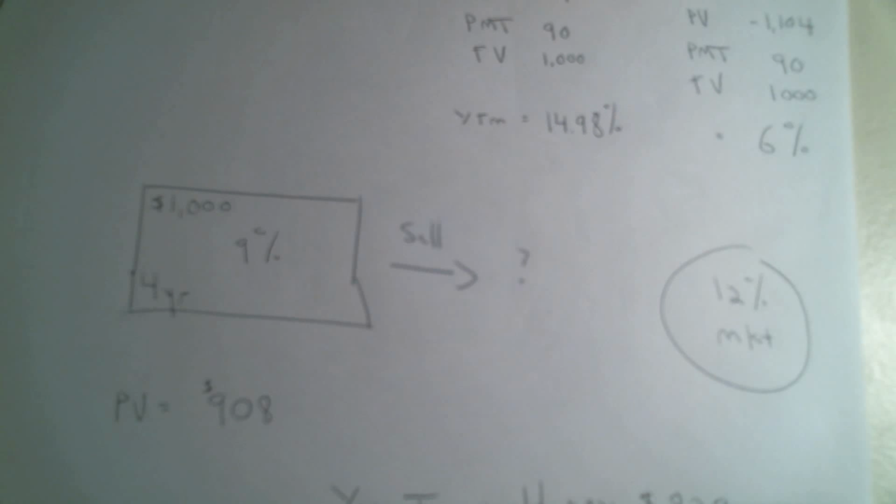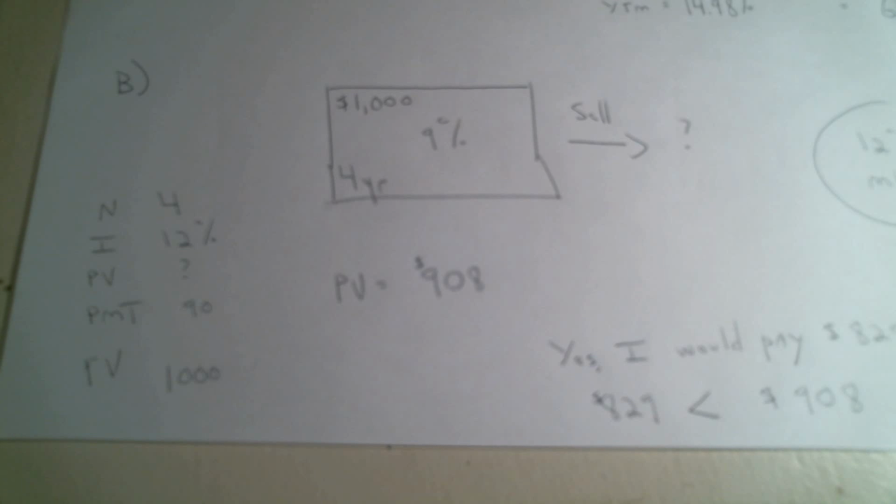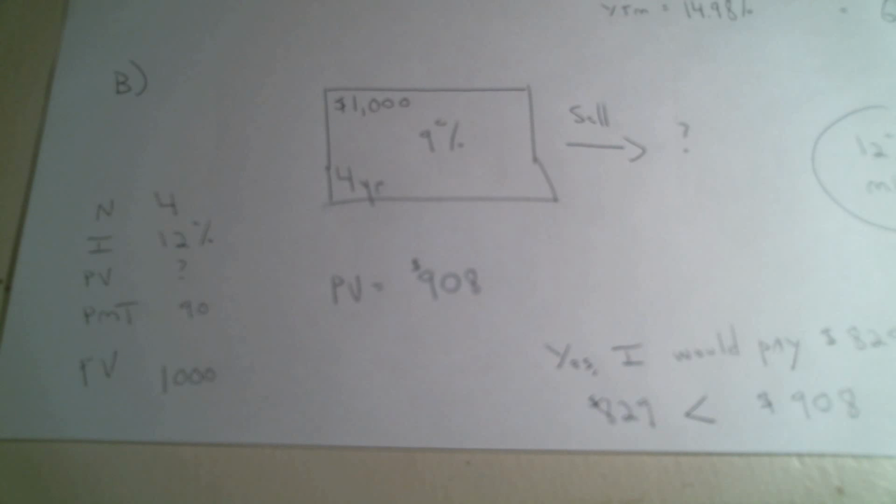That PV would be 908. So we plug that in. We use 12% and we come up with PV is 908.